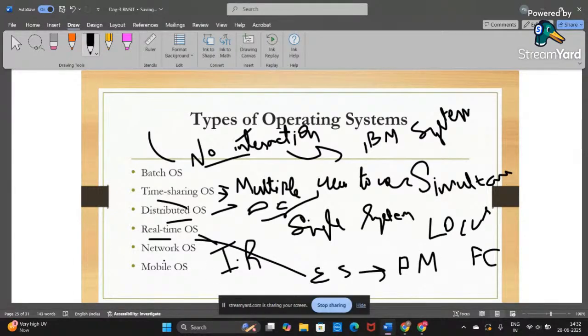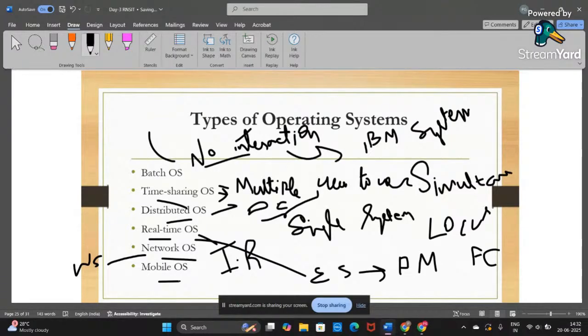Then network OS. Network OS means it provides service over a network. For example, Windows Server. Then what is mobile OS?